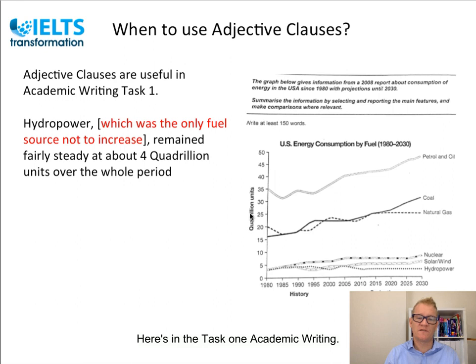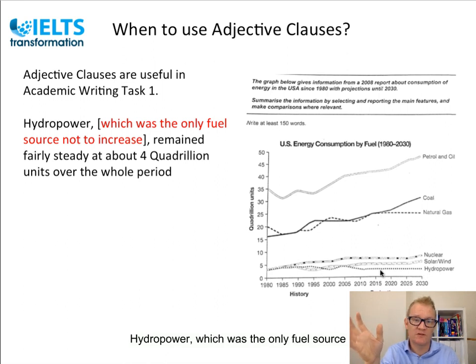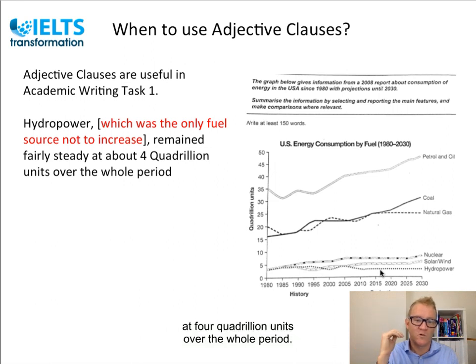Here in Task 1 Academic Writing, hydropower, where it is down here at the bottom, look, hydropower, which was the only fuel source not to increase, remained fairly steady at 4 quadrillion units over the whole period. Okay.